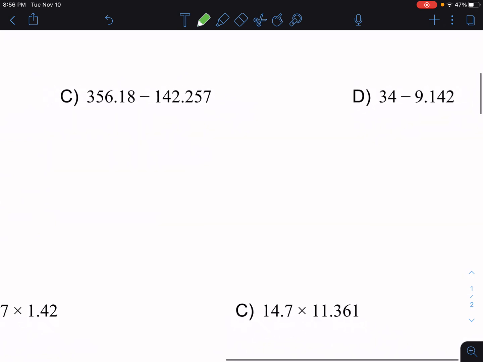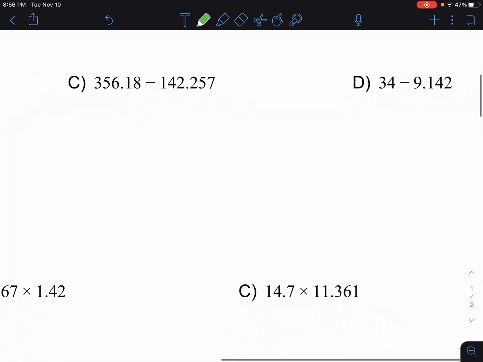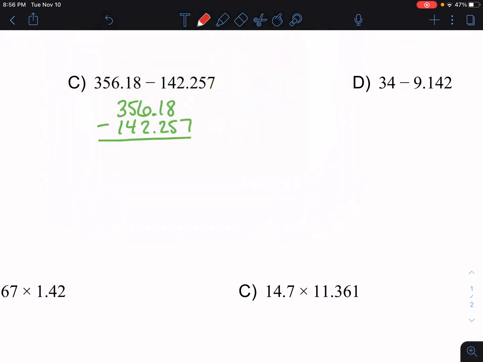So I've got 2 more examples here, very similar process. So I've got 356.18 minus 142.257. I've got my decimals lined up, and I've got my placeholder 0 that I need. I'm going to borrow from the 8 first. So 10 minus 7 is 3. 7 minus 5 is 2.